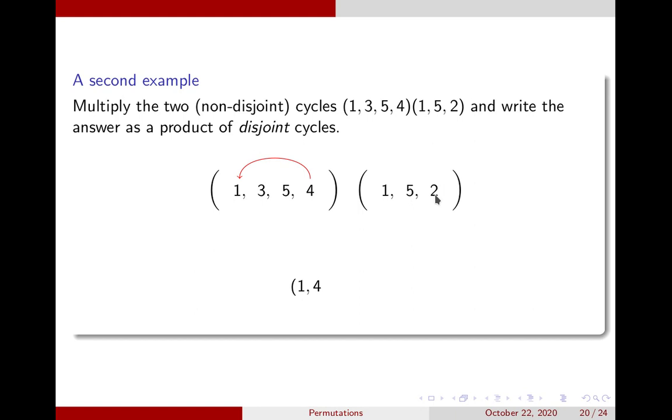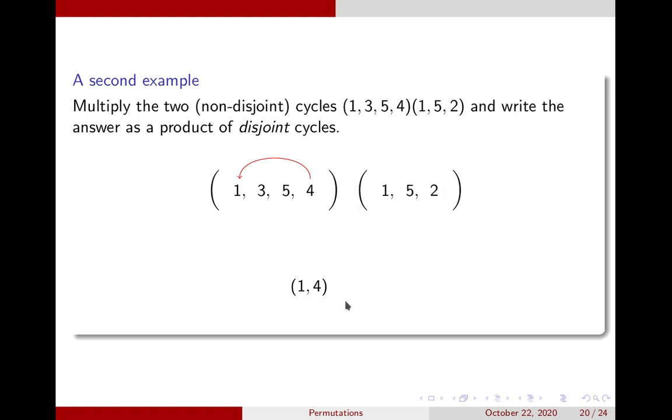This permutation sends 4 to 4 because 4 does not appear here. And this permutation sends 4 to 1. The net effect is that 4 is sent to 1. 1 was the first element of this cycle, so that finishes the first cycle in the answer.